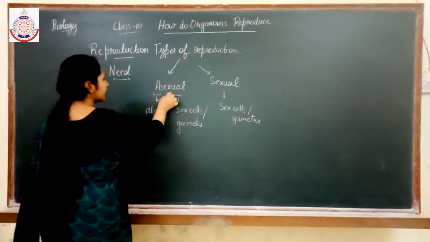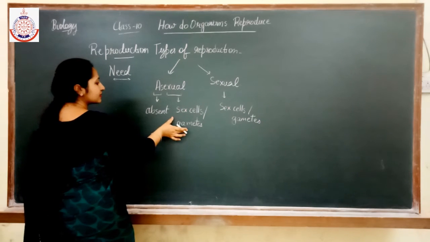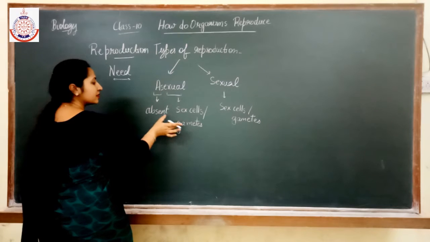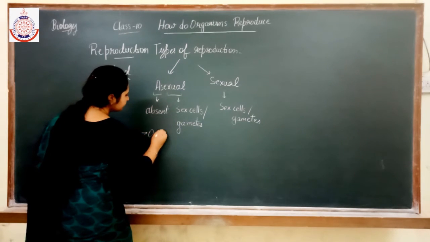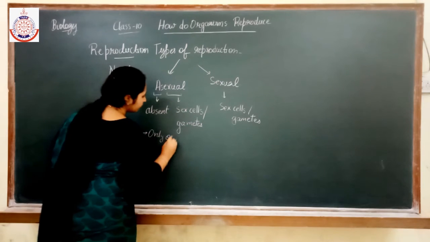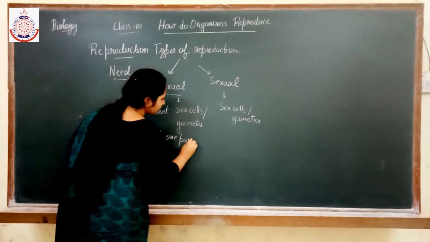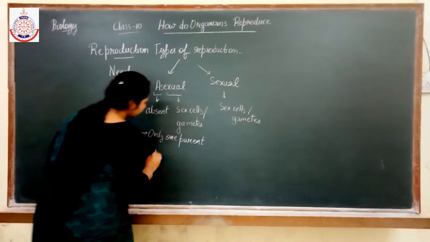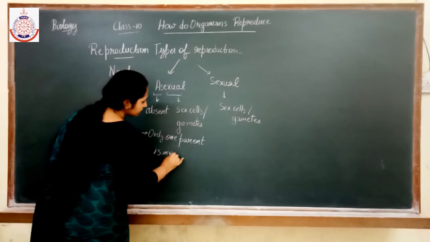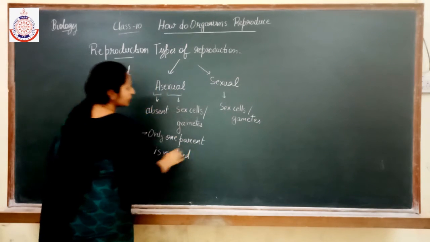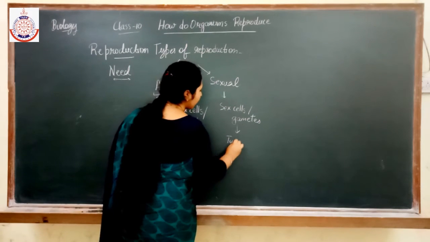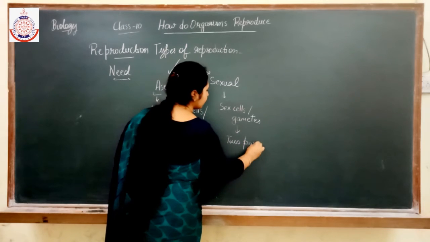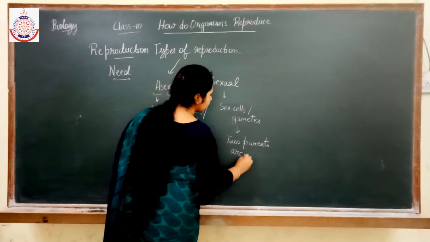Because there is no gamete involvement in asexual reproduction, only one parent is involved, and in case of sexual reproduction, two parents are involved.